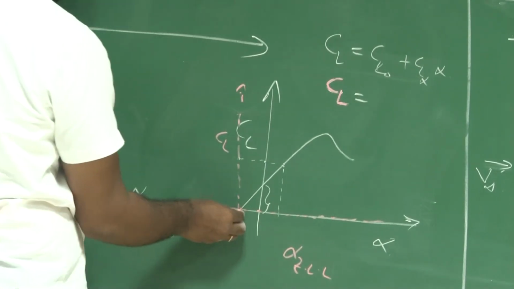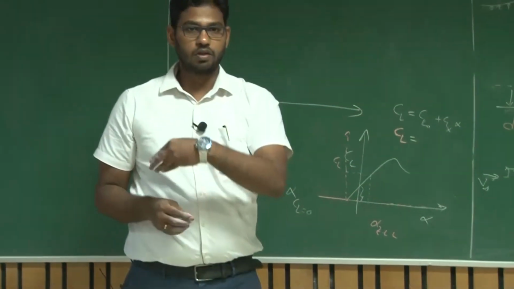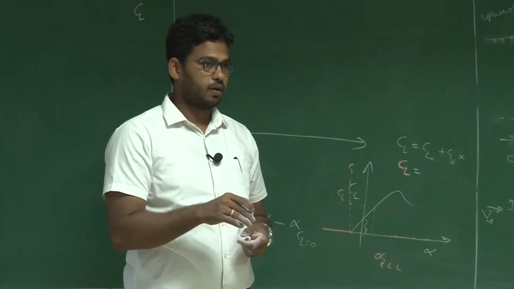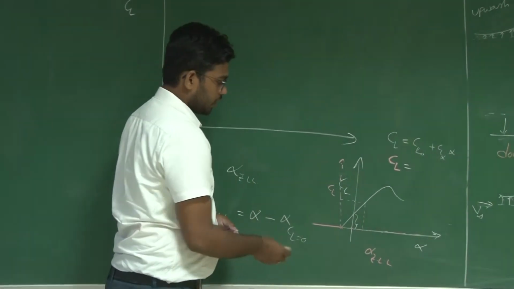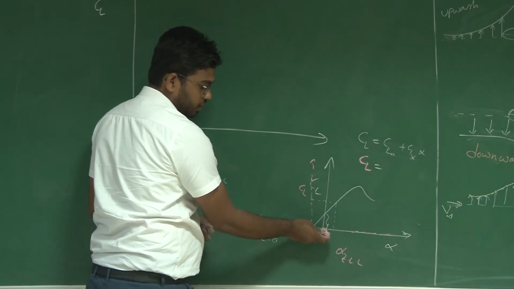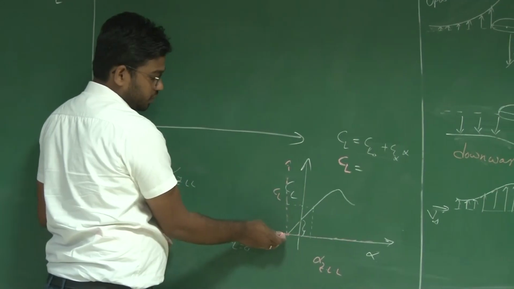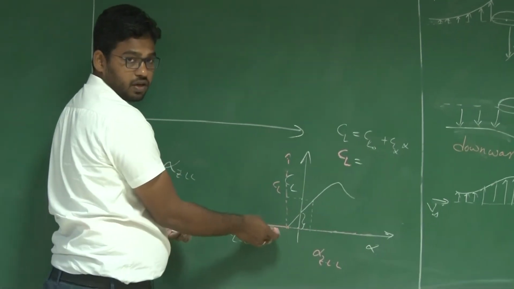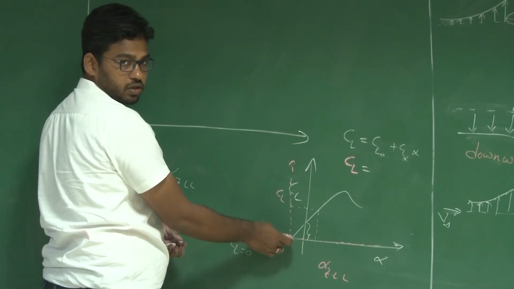The zero lift line is the line such that when V infinity is along it, there is no lift produced by this aircraft. So you are actually shifting this alpha. See here, when alpha is equal to 0, there is certain lift, but in this case when alpha is equal to 0, there should not be any lift. Lift should also be 0.